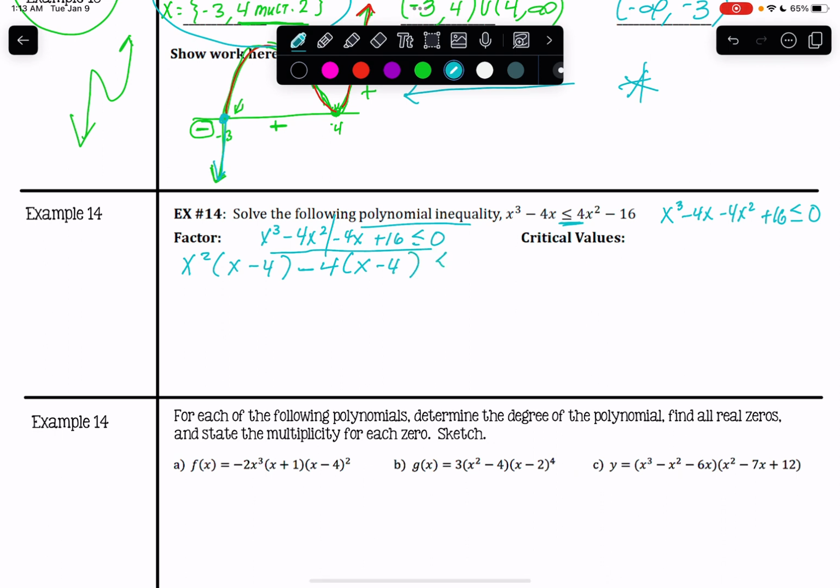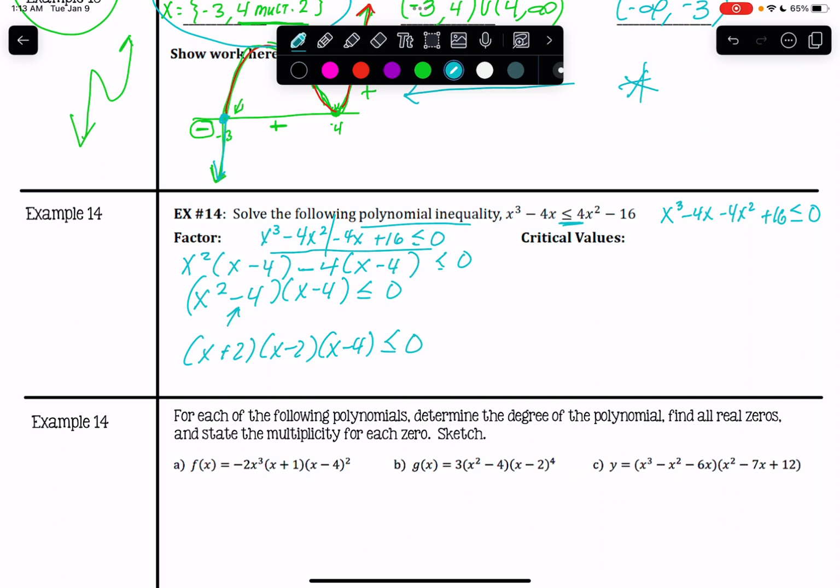And we still have less than or equal to 0. So you have x squared minus 4 and x minus 4 is less than or equal to 0. And now remember, this is a difference of squares, so we have x plus 2, x minus 2, and x minus 4 is less than or equal to 0.